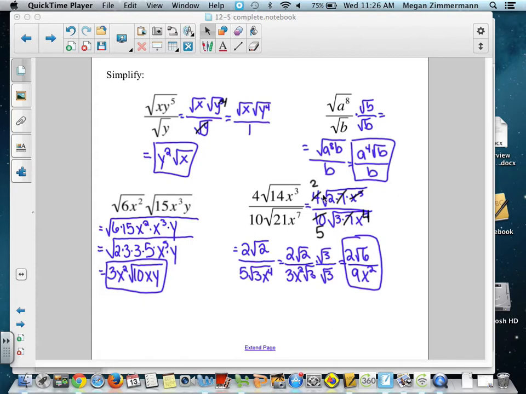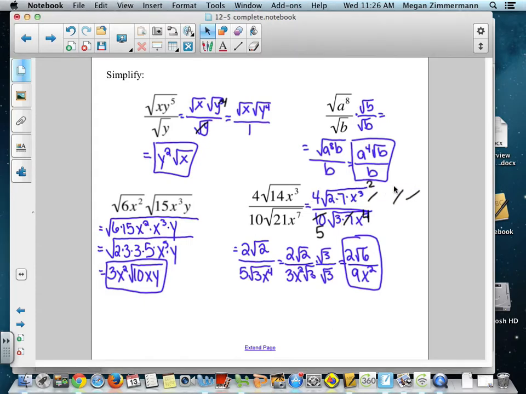All right, the next one, so let's get rid of these little marks for now so that I can show you what I did first. Okay, so the first thing I did was I broke down the root of 14 as the root of 2 times 7 and then left x cubed there. And then for the denominator, I rewrote it as 10 times the square root of 3 times 7 times x to the 7th.